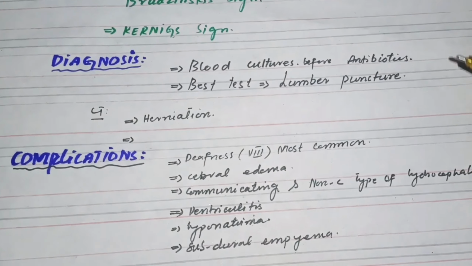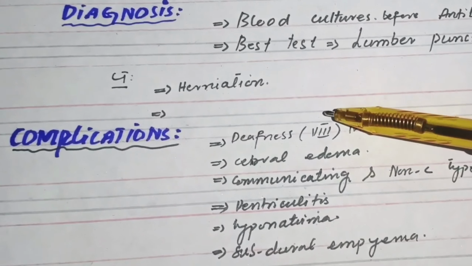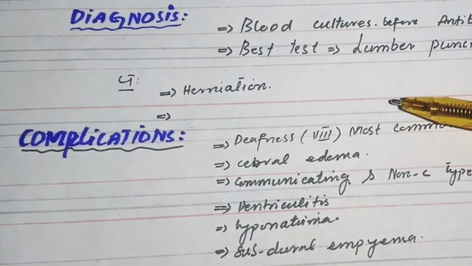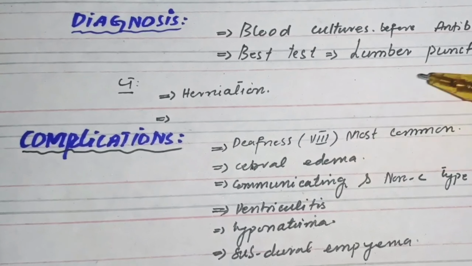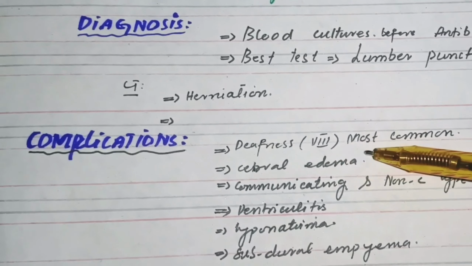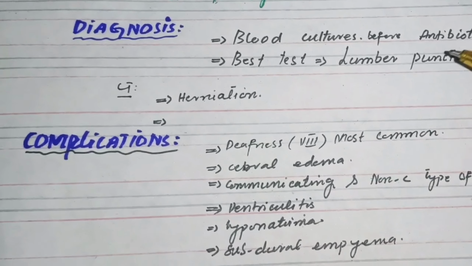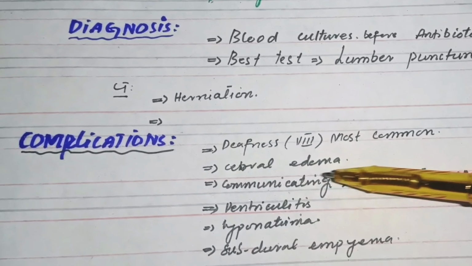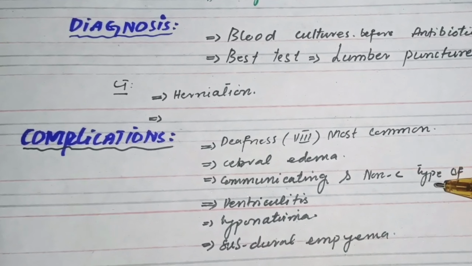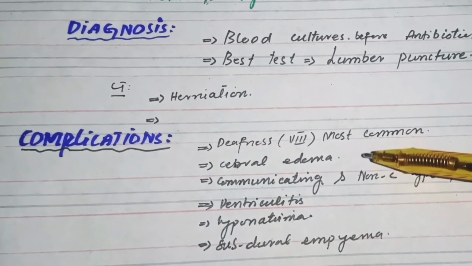The most common complication is deafness, which is actually involvement of the cranial nerve by the infection. The other is cerebral edema, in which inflammation and edema may occur. The other is communicating and non-communicating types of hydrocephalus.